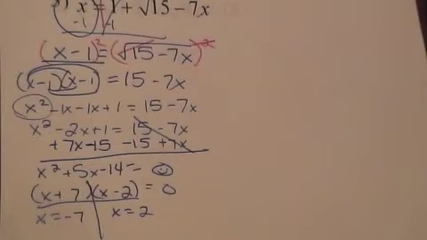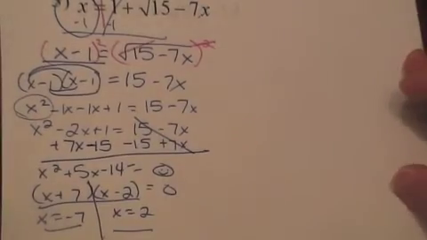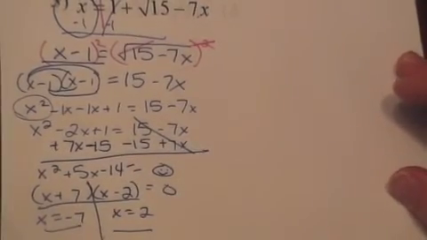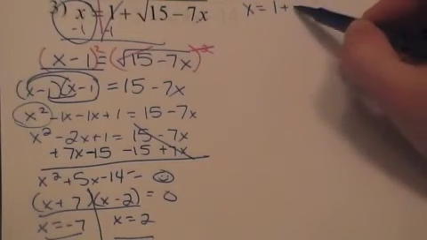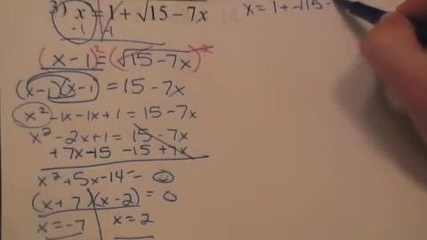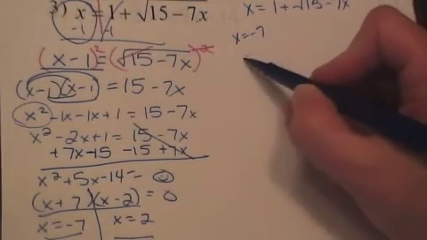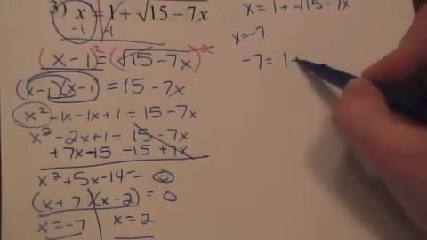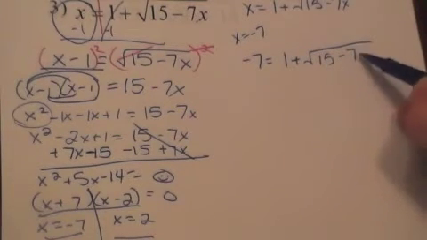Okay, so the check is a little bit more trying. You need to check both answers to see if both of them work. So here's the original. So first one we'll try is -7. I don't feel this working, but that's just me.